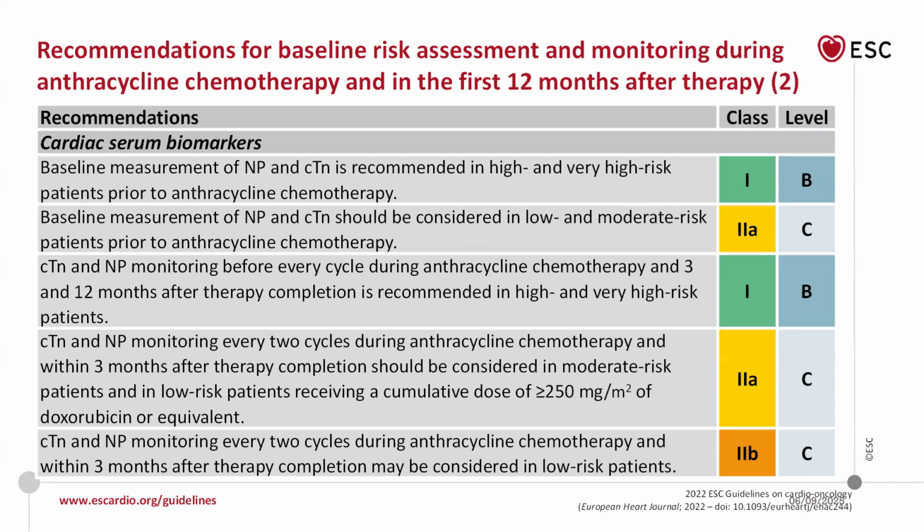And again, troponins and natriuretic peptide monitoring before every cycle during anthracycline chemotherapy and 3 months and 12 months after the therapy completion is recommended in high and very high risk patients. This also has a class 1 indication.